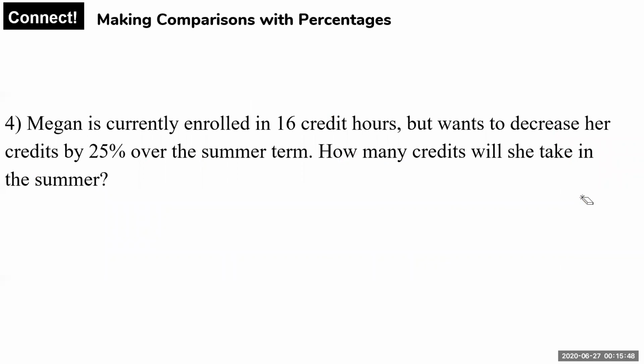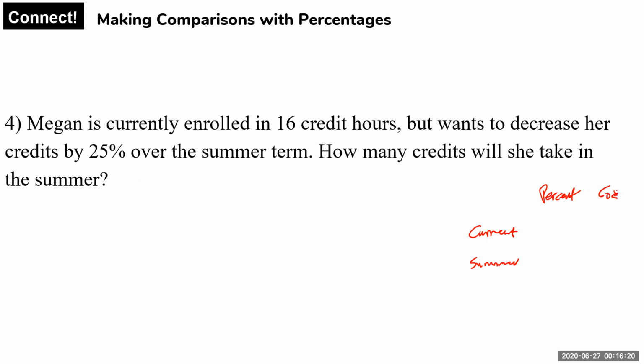So Megan is currently enrolled in a 16 credit course, but wants to decrease her credit by 25% in the summer. So you want to talk about what you're comparing: current and summer, or future. And we have percents. And then what do you have? You have credits or costs.